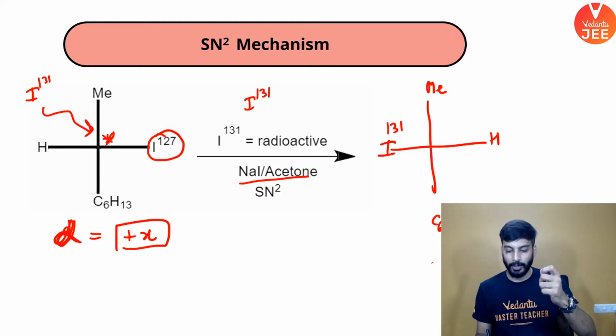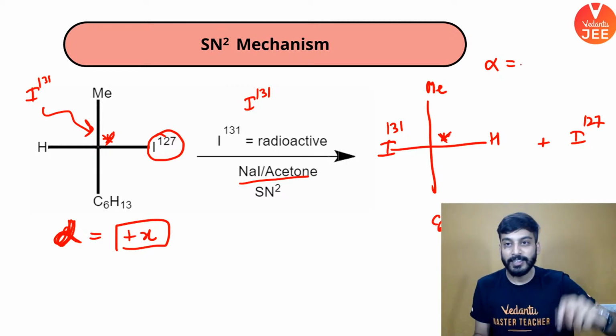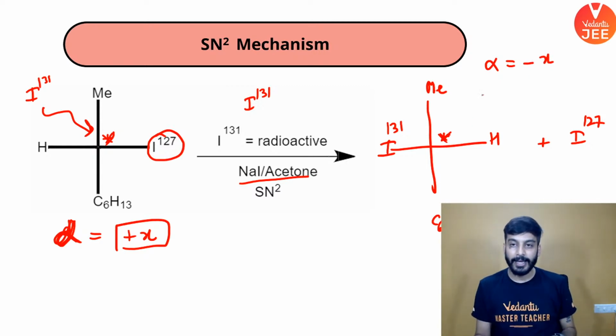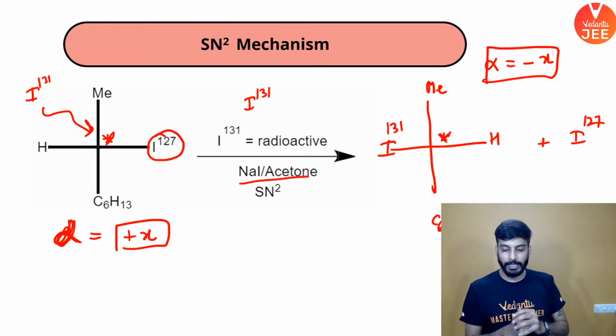Everyone is understanding? And side by side you will also get I127. Now according to the polarimeter, the specific rotation will change. Let us say it is coming as minus x.